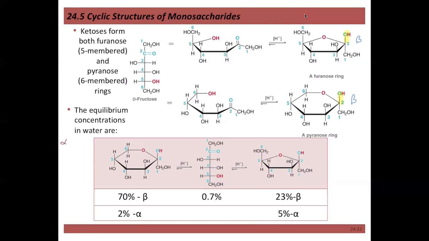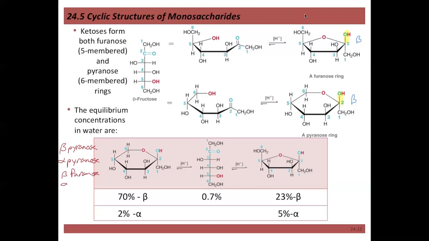We've got the beta pyranose. We've got the alpha pyranose. We have the beta furanose, the 5-membered ring.